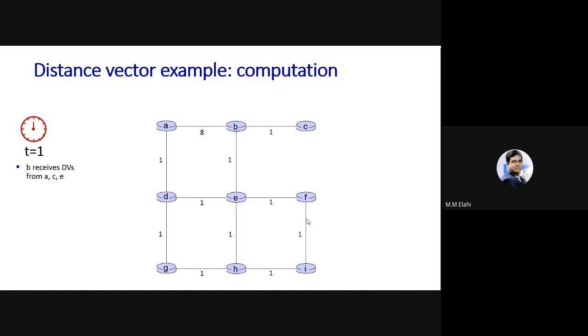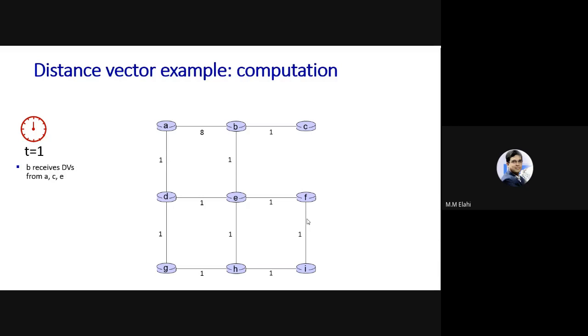But for each node, how will it calculate? Now let us see. If you understand it for A, the same thing happens for all other nodes. So let us see what happens after B receives the distance vector from A, C, E. We will see the example for B only, but if you understand this, you can understand it for all other nodes.